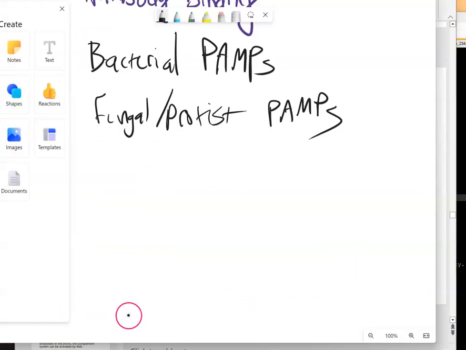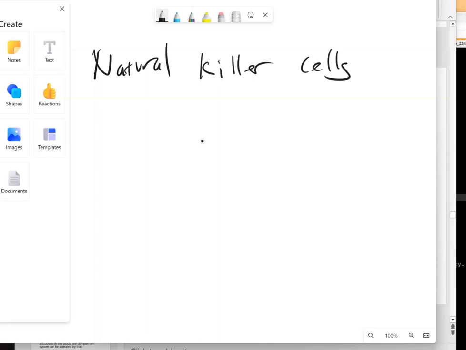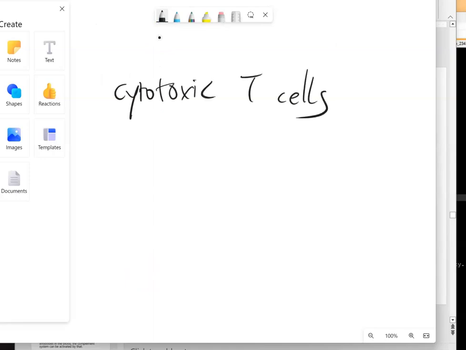Let's look at natural killer cells. These have a specific function, and to understand it, let's revisit cytotoxic T cells. Cytotoxic T cells are lymphocytes, so they have randomly generated T cell receptors, like all T cells do.